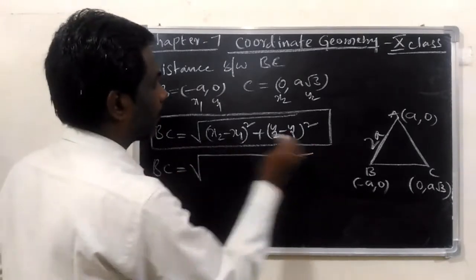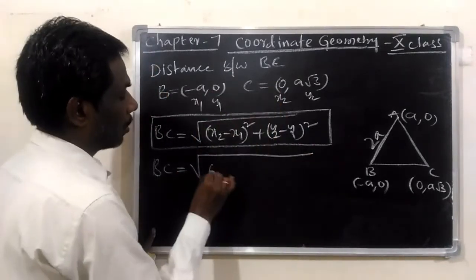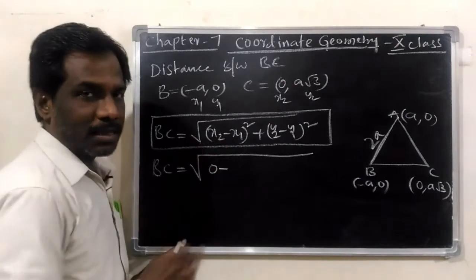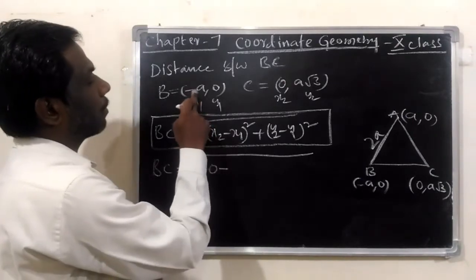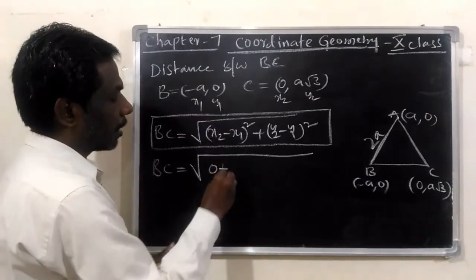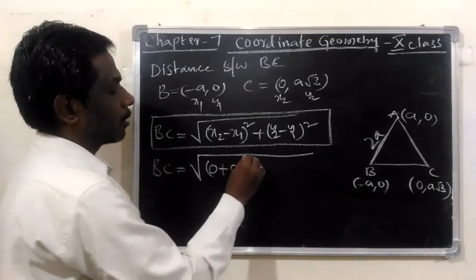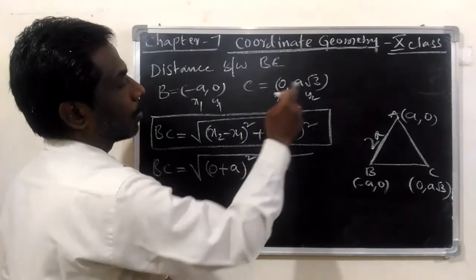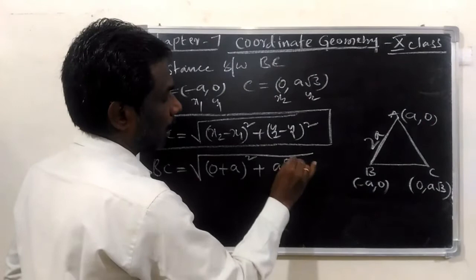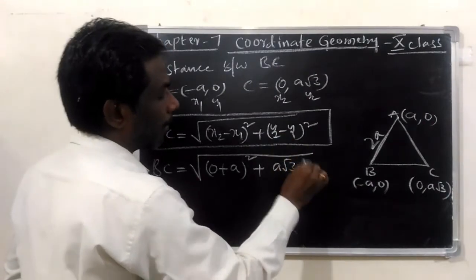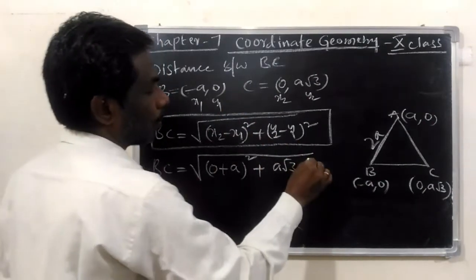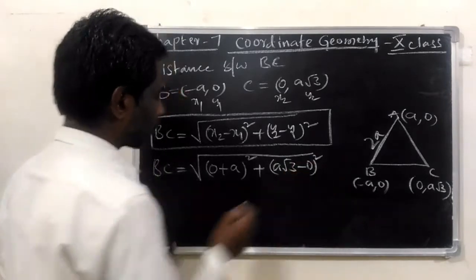So under root of x2, which is 0, minus x1, which is minus a, minus into minus gives plus a, whole square, plus y2, which is a root 3, minus y1, which is 0, whole square.